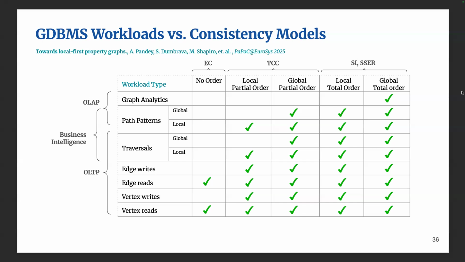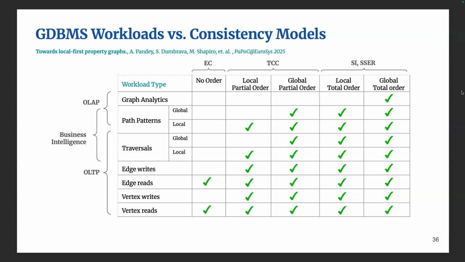And in particular, when we have graph traversals, this is also needed. TCC in practice is the consistency level that enforces the strongest consistency while allowing for availability. And the most complicated situation appears when we want to do graph analytics, because there we really need strong consistency. So typically we require either SI or SSER, strong serializability.